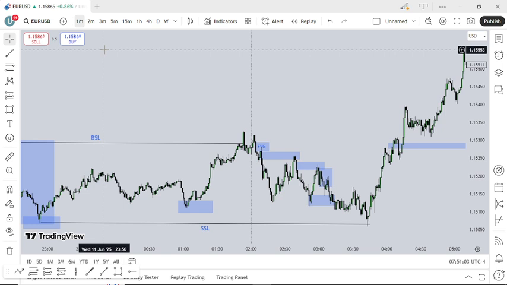Most especially on these lower time frames, like this 1 minute time frame, you can be deceived a lot. For example, so many times you can see price take out liquidity. It will even give you a break of structure, that's a market structure shift, and most of the time the market structure shifts can be massive. In turtle soup, that's indicating that the bigger players are stepping into the market. So if it's a buy side liquidity that was taken out, then we see a market structure shift, and then the candle that breaks the low back down into the previous candle that took out that high is massive.